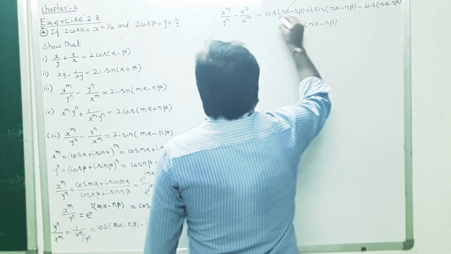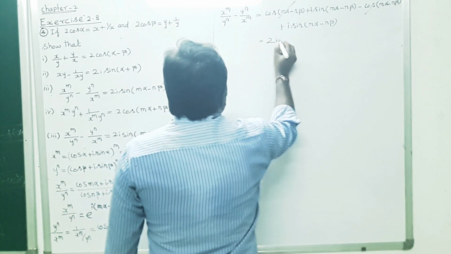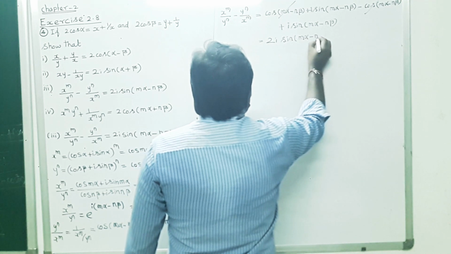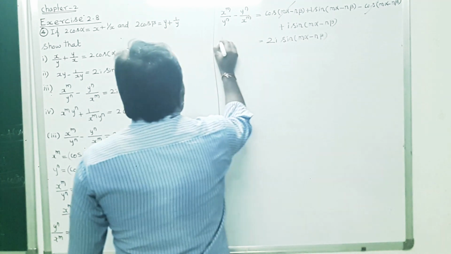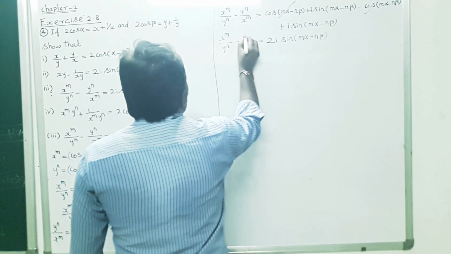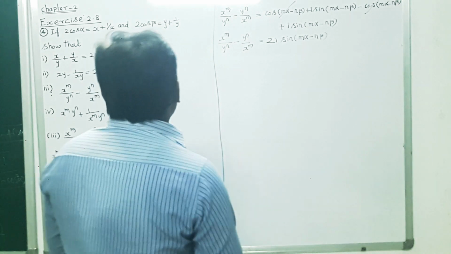The first term and third term should be cancelled, the remaining term 2i into sin of m alpha minus n beta. Hence the result x power m by y power n minus y power n by x power m. The third subdivision is completed.